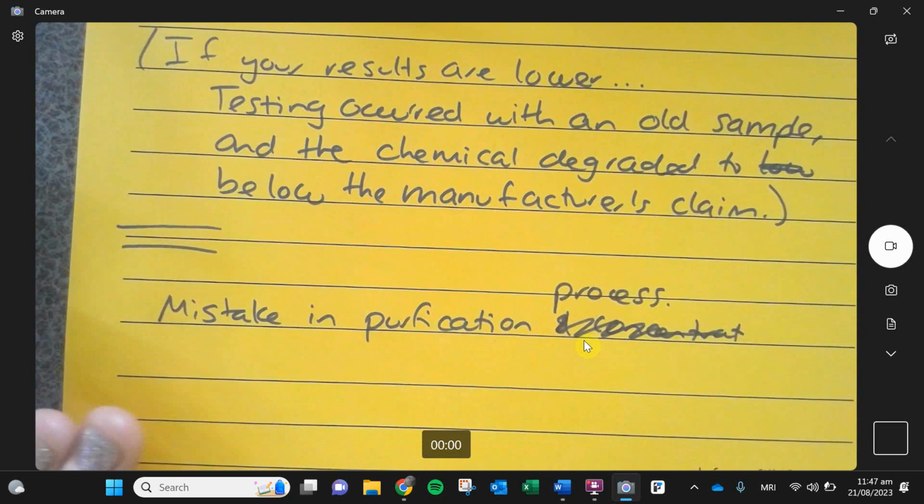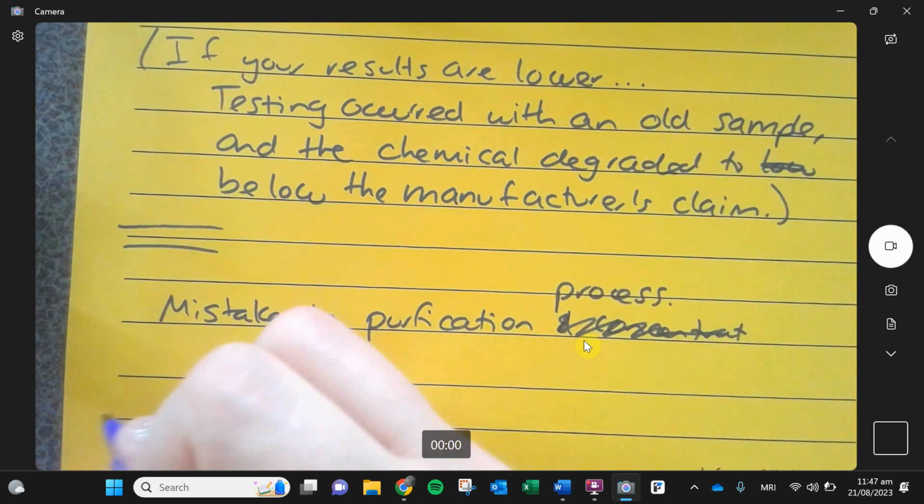The other thing is that the manufacturer could have a fail in their quality control.